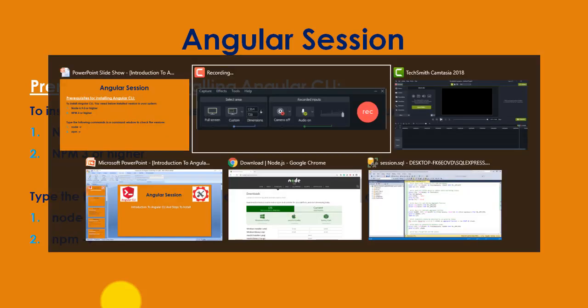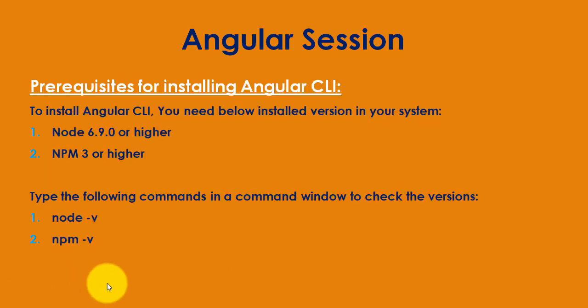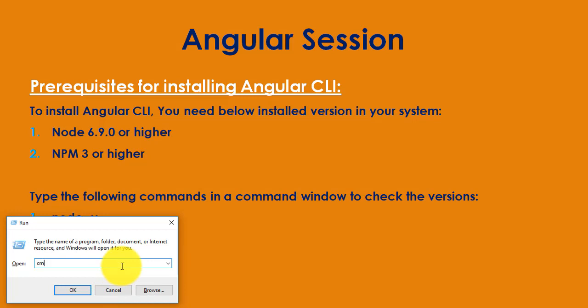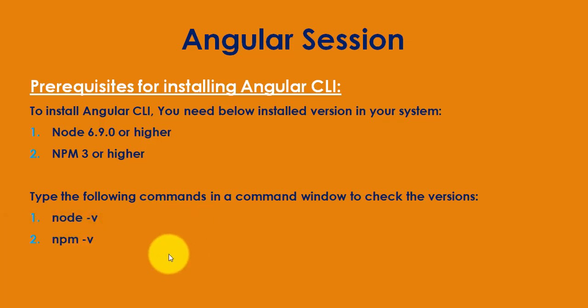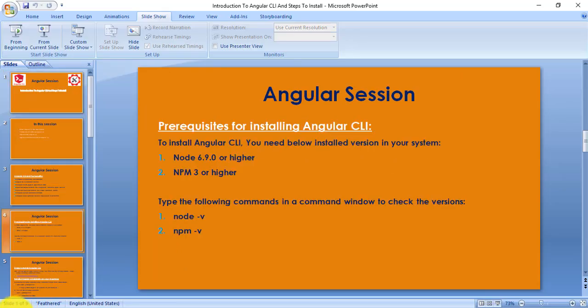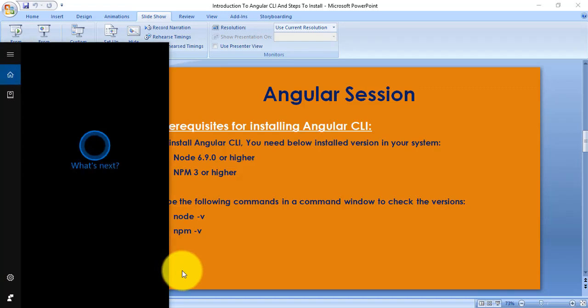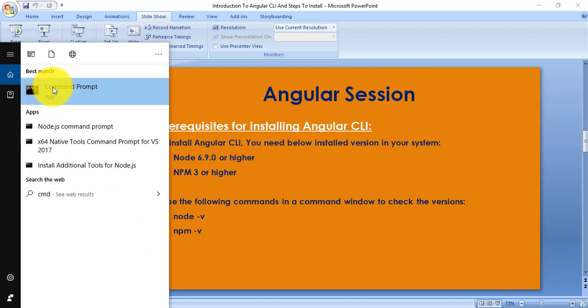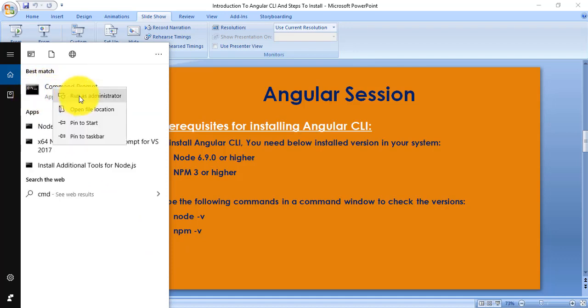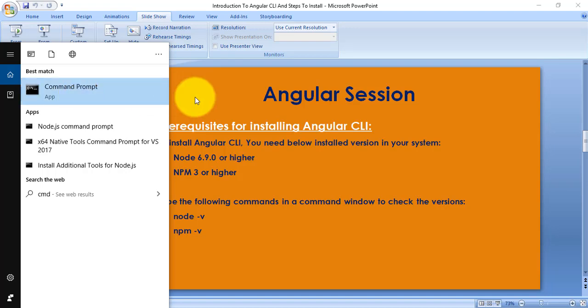Okay, now we'll start our command window. For this we press Windows R and write cmd here, or if you want it in administrator mode, go to the search, type cmd, right click on the command prompt and click run as administrator.